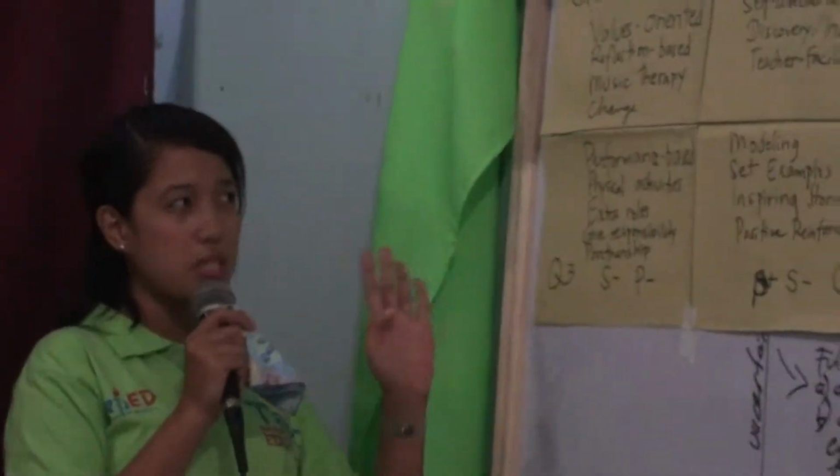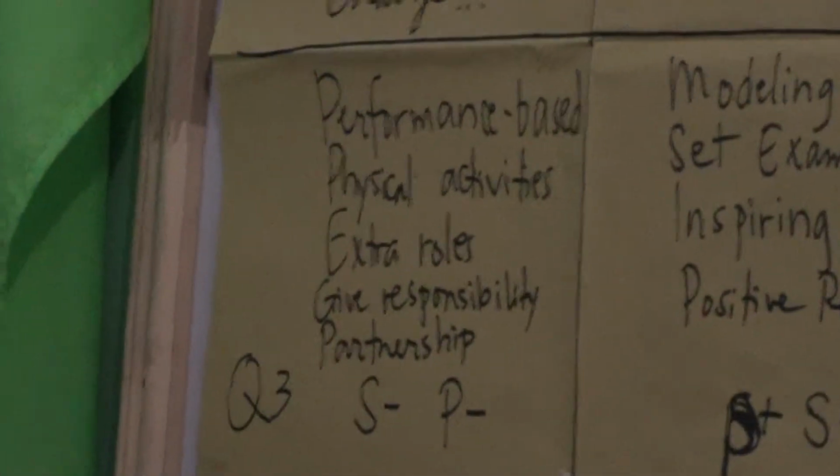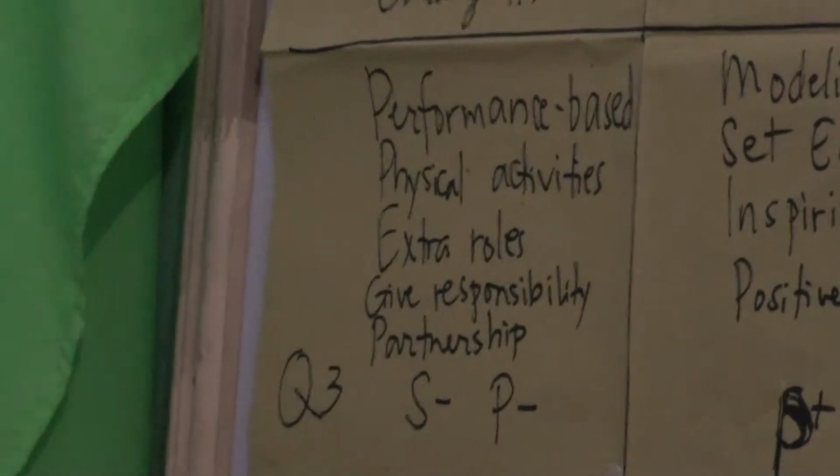Okay, so for quadrant 3, we have the performance-based activities which involve physical activities. Kasi in our analysis, these types of students are students that are physically inclined.